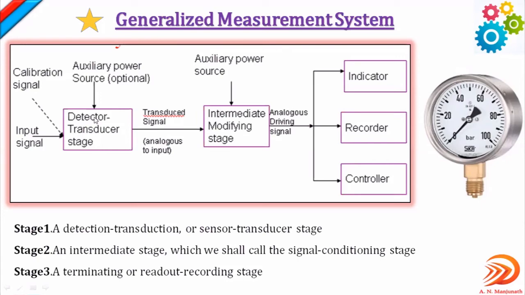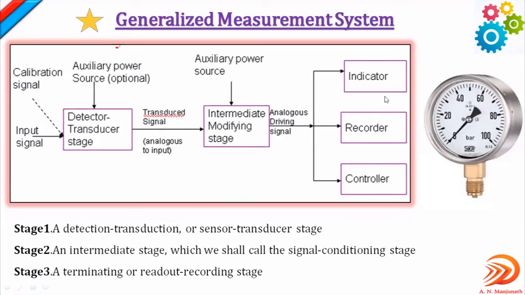There will be a sensor, like a detector, which detects only the input signal, like a calibration signal. Then it will send it to the second stage, the intermediate modifying stage, where it will enhance the strength of the signal to the level required, by using the auxiliary power source.